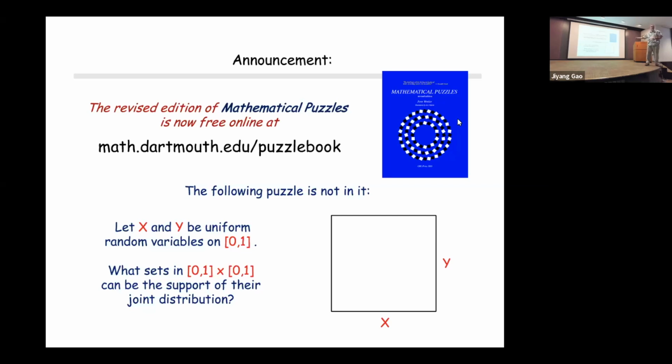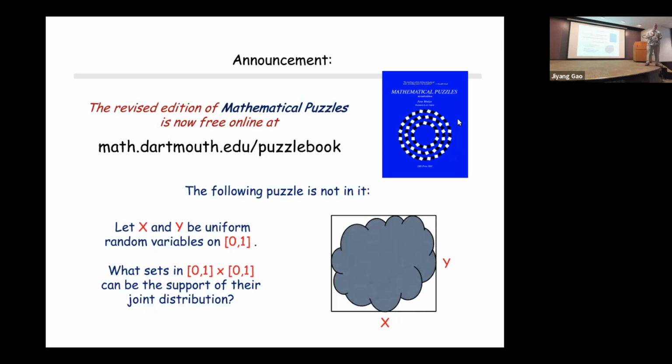Think of X as being distributed uniformly on the bottom and Y on the right side. I give you a set here. Could this be exactly the set, or literally the closure of the set of all points X, Y that can occur when you couple X and Y together in a particular way?